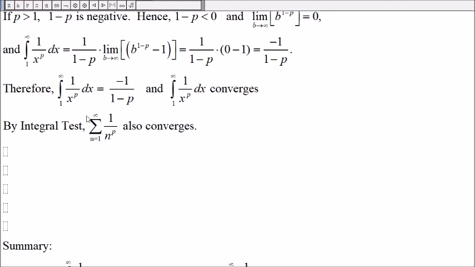So the integral test says that if the integral of 1 over x to the p converges, then the infinite series of 1 over n to the p also converges.